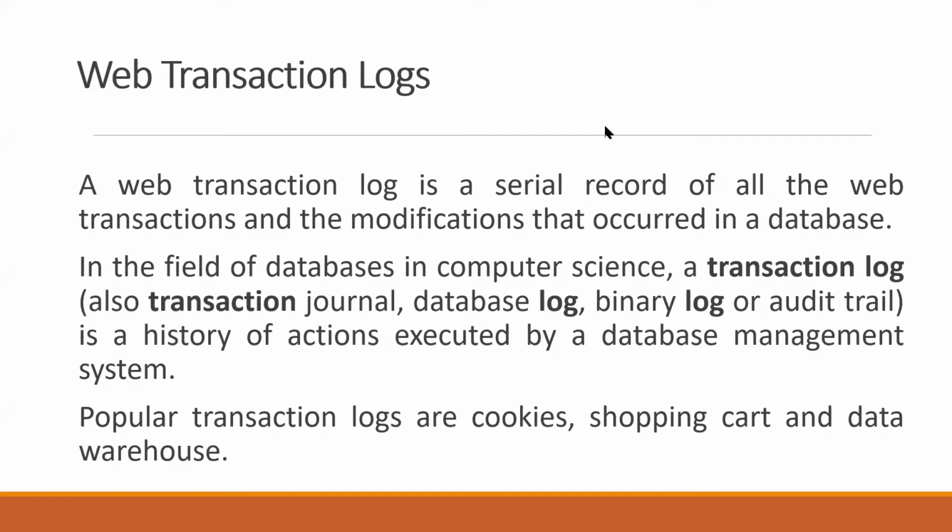So that's why web transaction logs are so useful for the seller to know what the customer wants, what products they're looking for, how they make the payment, what reviews they have written. All this information can be created and analyzed to identify what is in the mind of the customer. So these web transaction logs are very important for the seller as they can create the database of the customers.